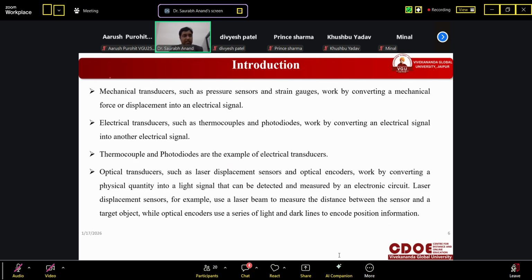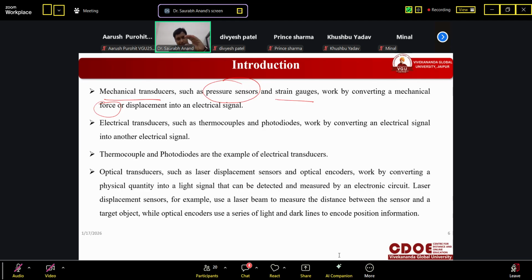So we have mechanical transducers like pressure sensor. After pressing something, mechanical conversion is there. And strain gauge is also there. How are they working? They are working by converting mechanical force. Force means if you are putting something, there will be force on that.